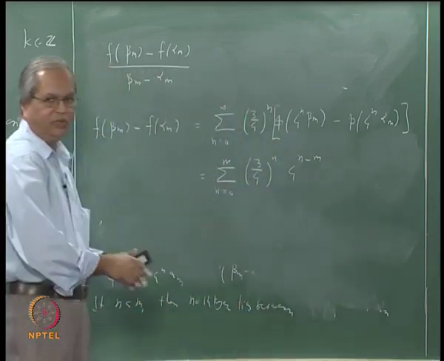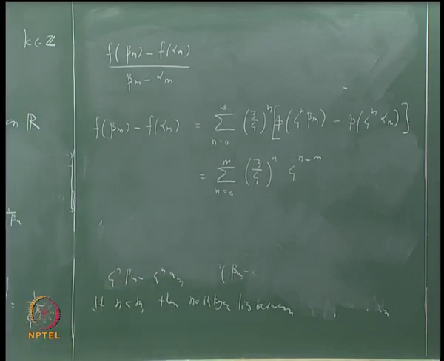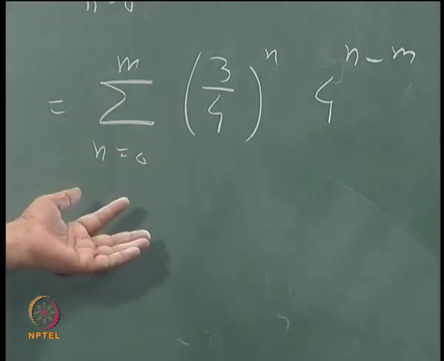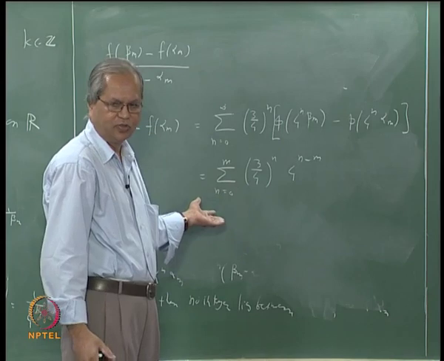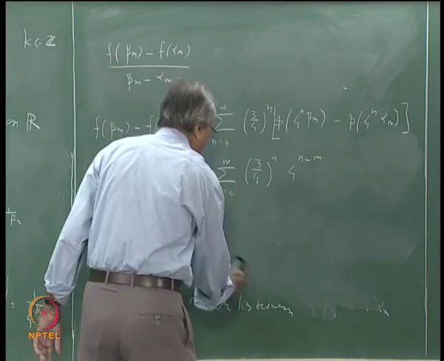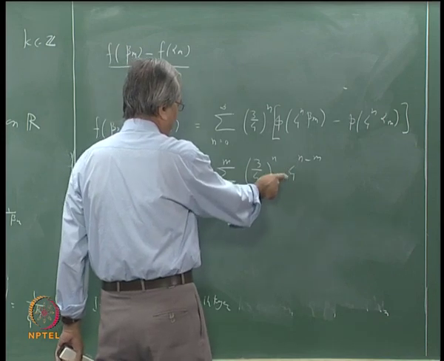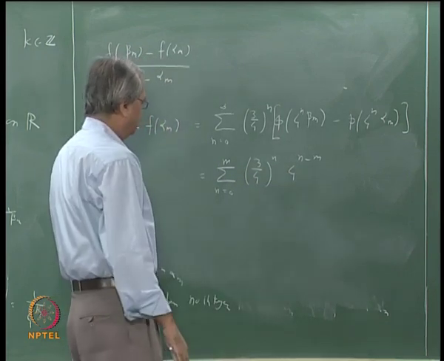Once we come to this step, everything after this is fairly easy. Now this is just a geometric progression, also a finite number of terms, so we can easily sum that. Before that we can make one simplification, since here we have 3 by 4 to the power n and here you have 4 to the power n, we can cancel.